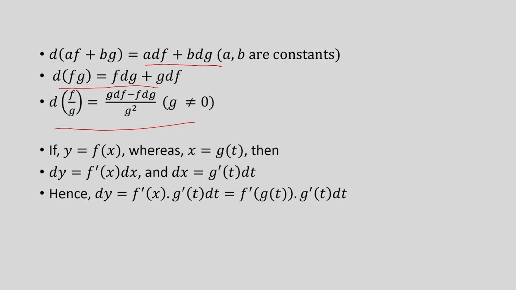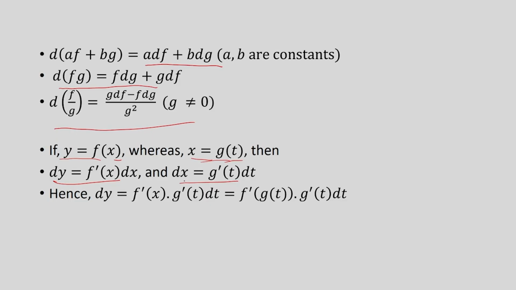Now, there is a composite function here, suppose. So, y is equal to f of x and x itself is a function of t, x is equal to g of t. Then I can use the rule of differential, what is dy? Dy is equal to f prime of x dx, and I can use the rule of differential on this second function. So, dx is equal to g prime t dt.